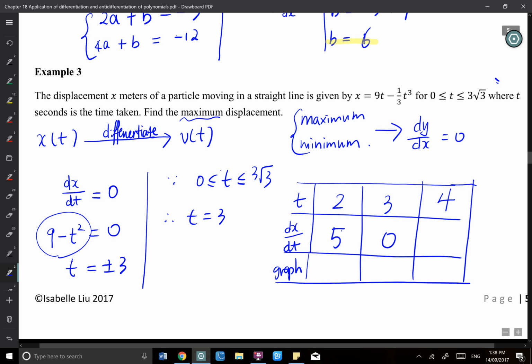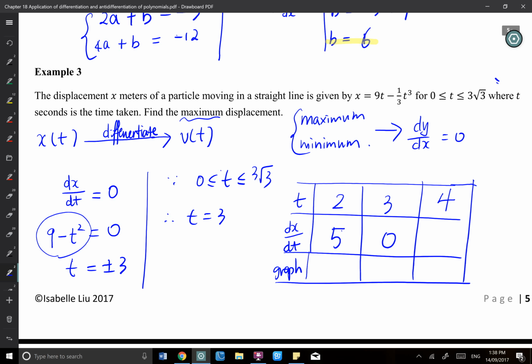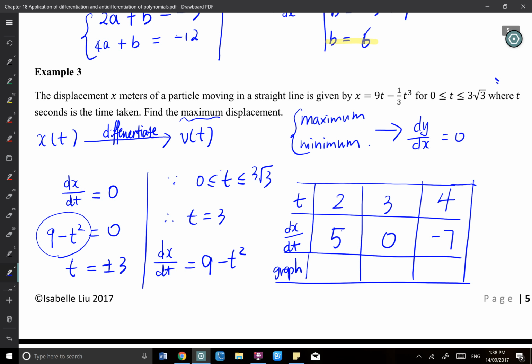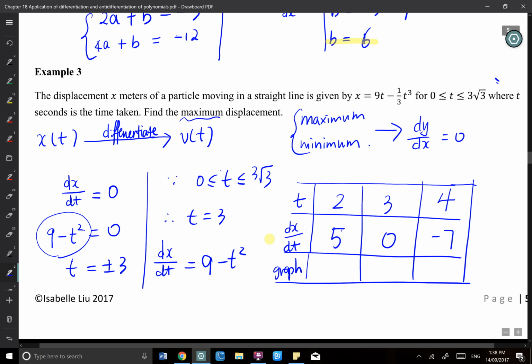And put 4 in that, 16, minus 7. You put t into dx/dt to find out the value. So the graph is increasing, 0, and decreasing.